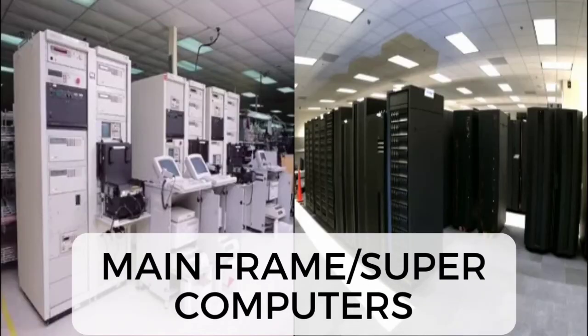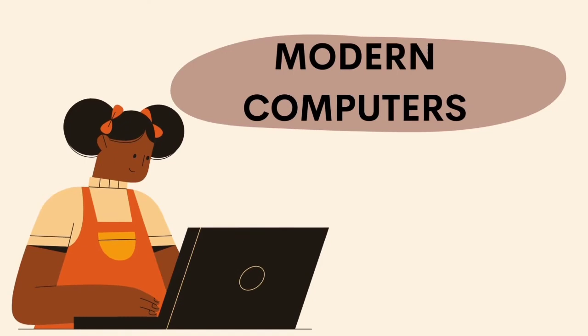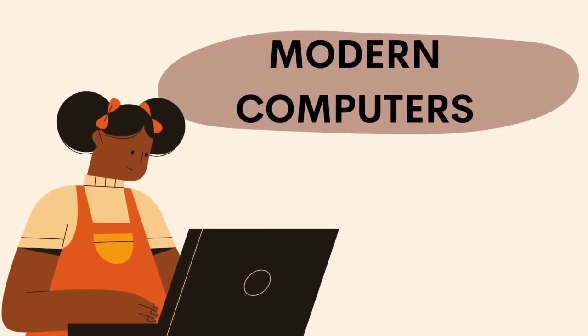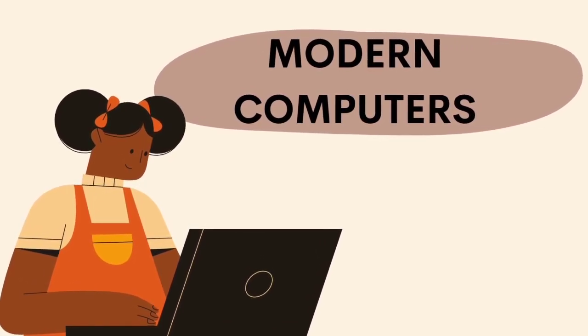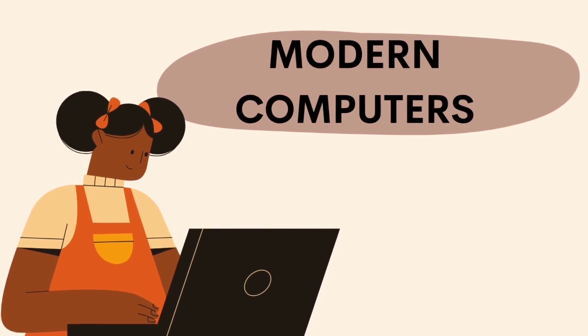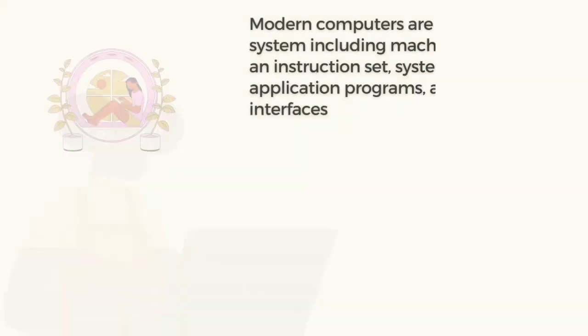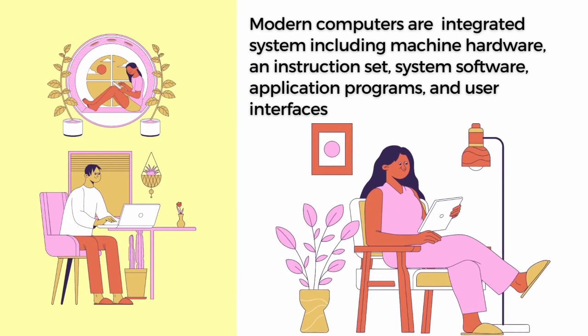Now, after all these inventions, the mainframe and the supercomputers came into place. These were big computers that could fit into a very large room. But today we have modern computers that are smaller in size and smarter than the mainframe and the supercomputers.